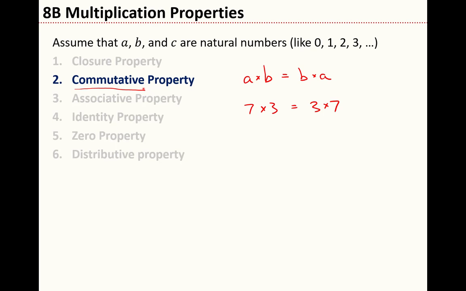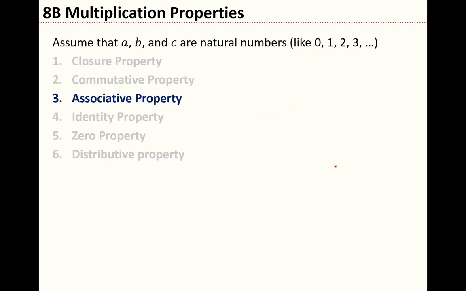Okay, moving on. Number 3, the associative property. Here's where I need 3 or more letters. If I compute A times B times C, in order to do multiplication, I need to do pairs of numbers that are multiplying. So I have a couple choices. I can either multiply A and B first, get that result, and multiply times C, or I could multiply B and C first, get that result, and multiply times A. The associative property says it doesn't matter how I group these things or associate them, I'll get the same answer.